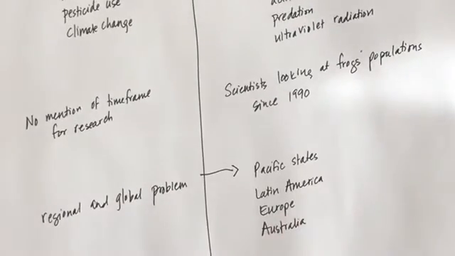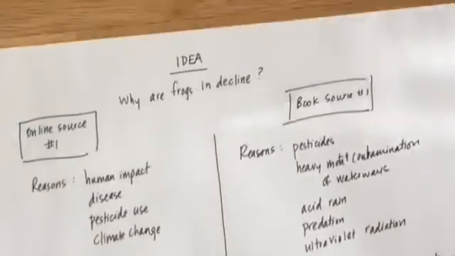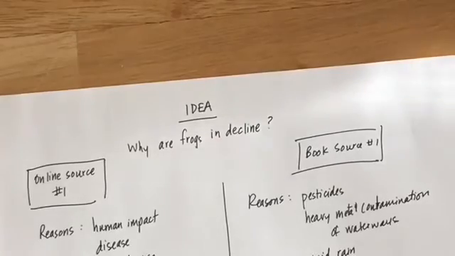I'm really wondering what is happening with the frog populations in Michigan. Are they in decline as well? So I'm breaking down my topic into smaller parts and pieces. I'm taking the knowledge that I'm gaining from my reading, and I'm trying to put the 2 sources together to compare them, which is going to make my writing absolutely much better.